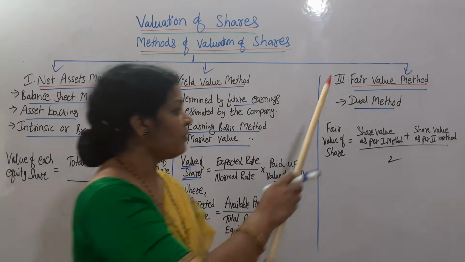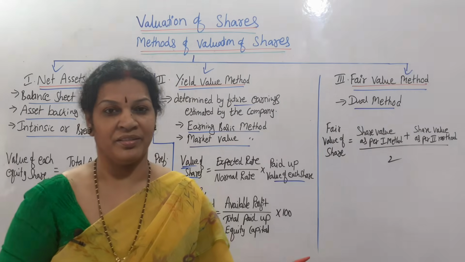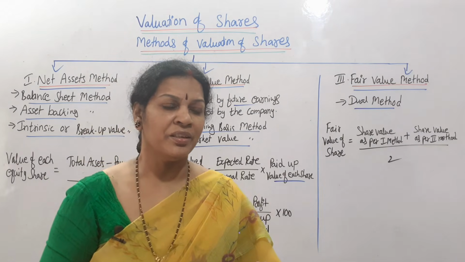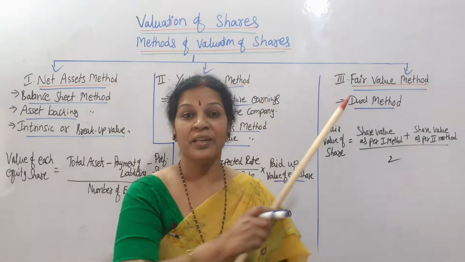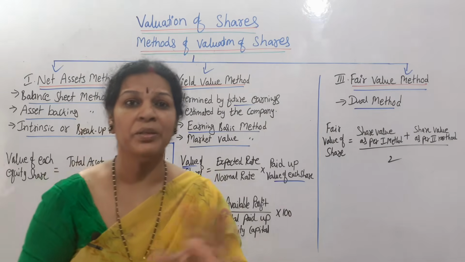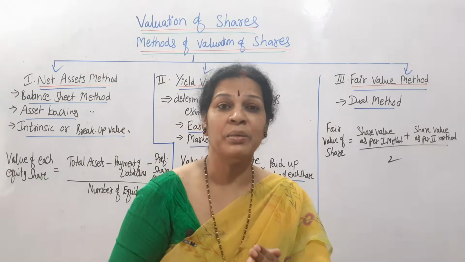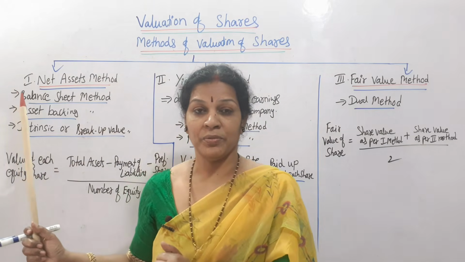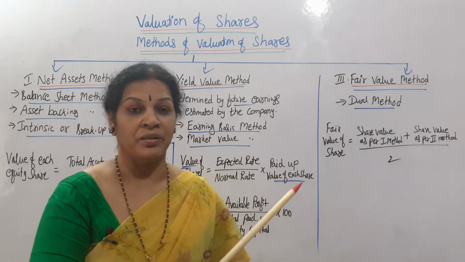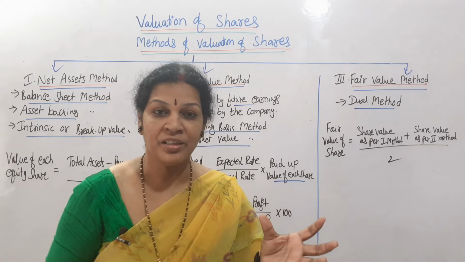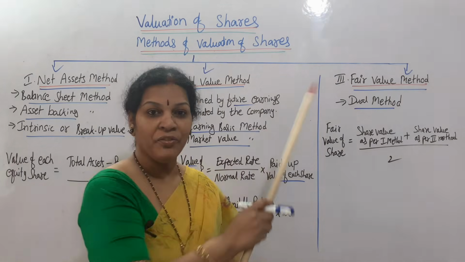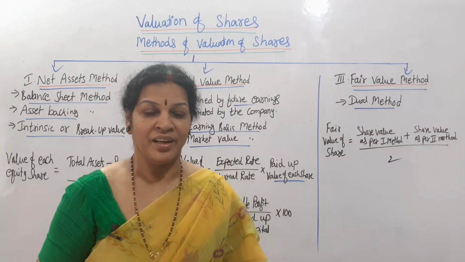Okay, the third one is the fair value method. Fair value method is a combination of both the net assets method and the yield value method. There are some limitations of the asset value method and the yield value method. To overcome these drawbacks, this is the combination of the first two methods. Are you getting it?